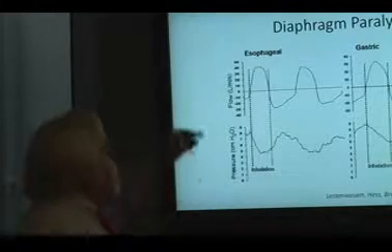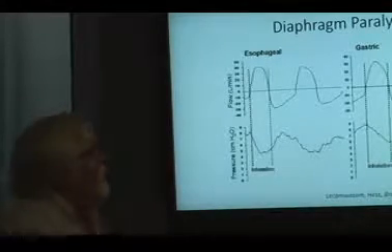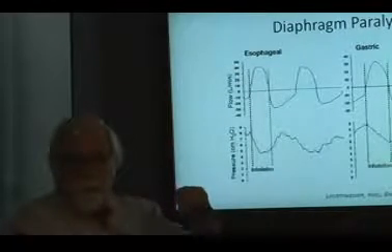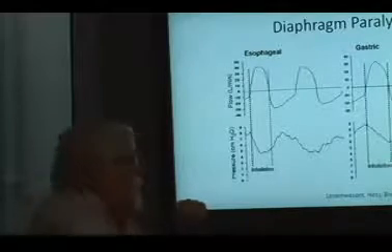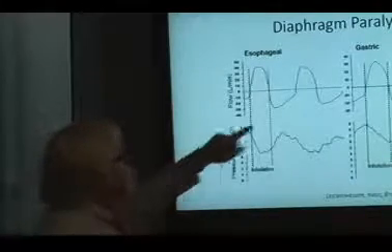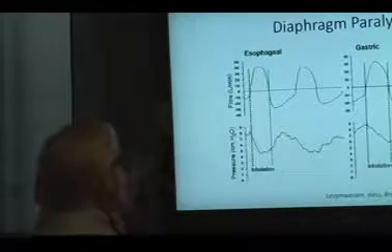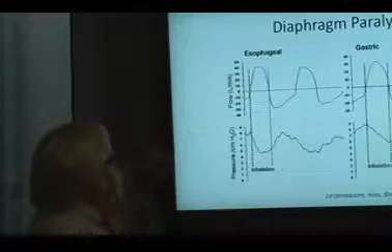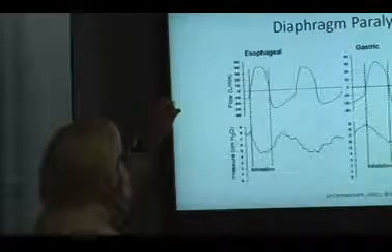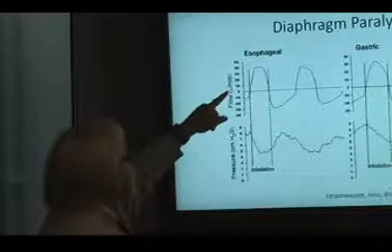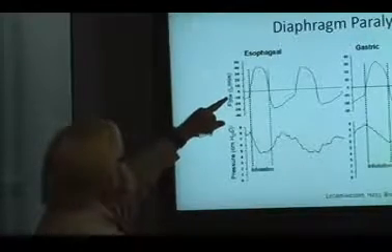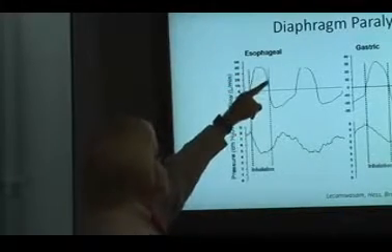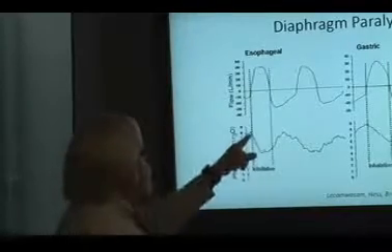So what I did was I took 2 esophageal balloon catheters, and one of them I placed into the esophagus to measure esophageal pressure, and the other one I pushed all the way down into the stomach to measure gastric pressure. And what you can see is that in this patient, when the patient breathed in, so this is inspiratory flow, the esophageal pressure went down.